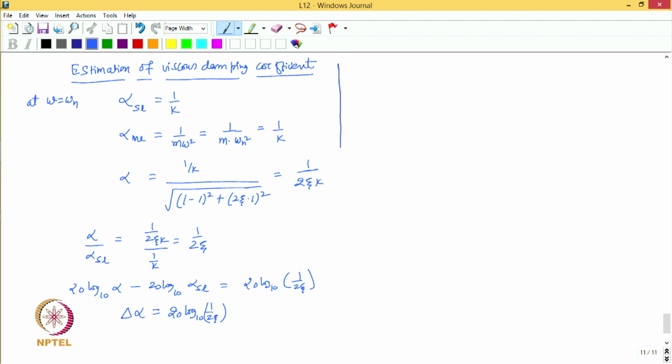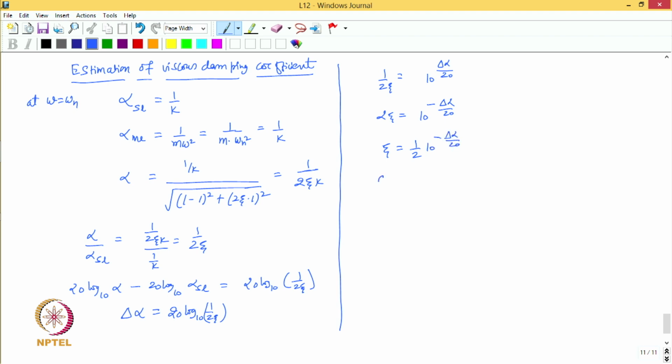And if I further simplify this, then I can write 1 upon 2 zeta equal to 10 to the power delta alpha upon 20, right. And if I take the reciprocal, then that becomes 10 to the power minus delta alpha upon 20. Therefore, zeta is equal to 1 upon 2 into 10 to the power minus delta alpha upon 20.